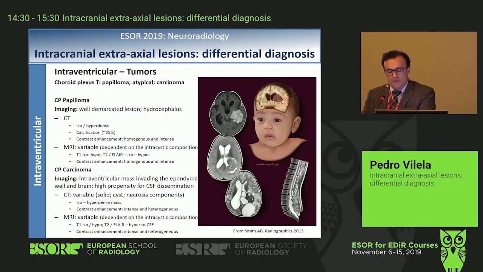And when it's very heterogeneous inside the ventricle, even with multiple cysts and hemorrhagic components, it's going to be a carcinoma. And remember that also these lesions tend to disseminate through the CSF, so you need to do a neuroaxis study.